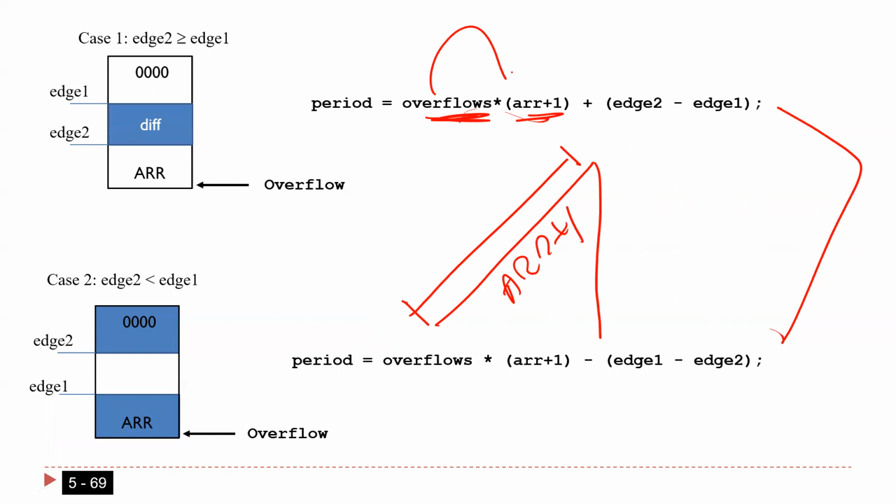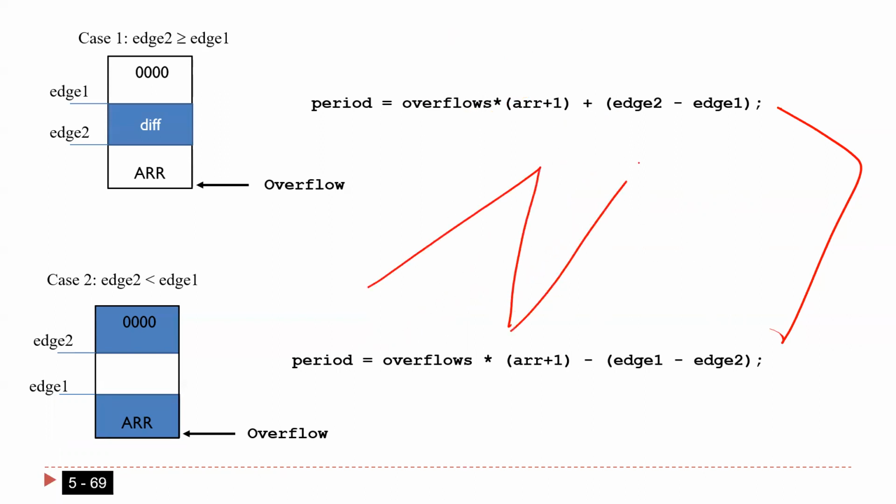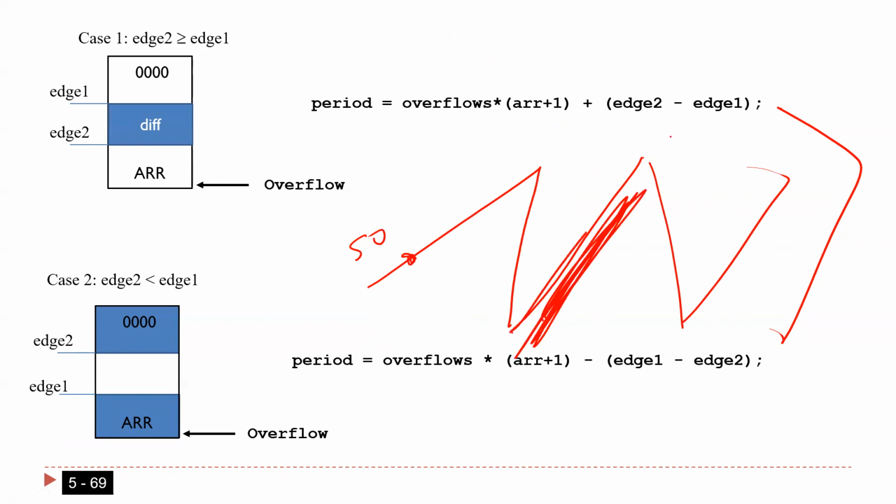So for every overflow you have to multiply by ARR plus 1. You understand what I'm saying? For example, here I started from 50, and this is a complete overflow. So from here to here, it should be counted as ARR plus 1.